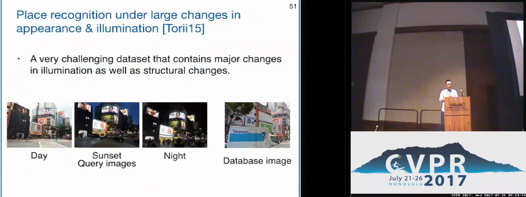We also try to address the day-night illumination changes. To do that, we first generated a very challenging data set that contains major changes in illumination as well as structural changes.